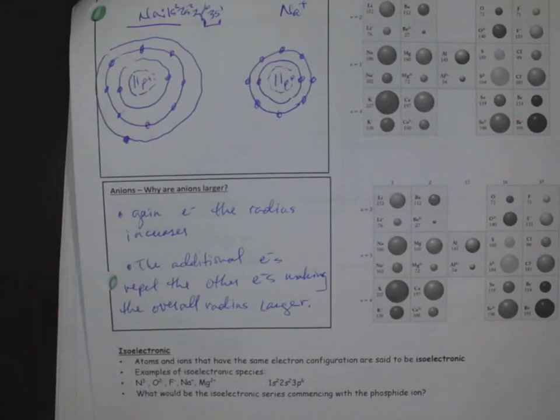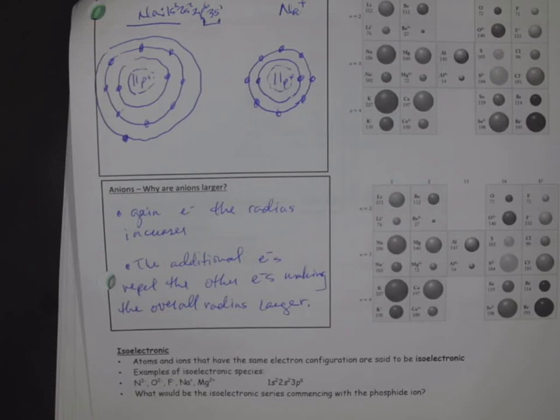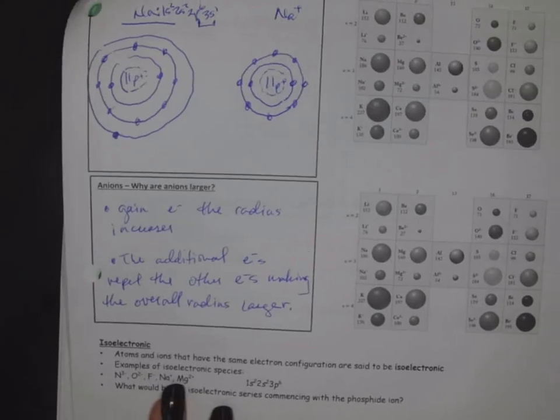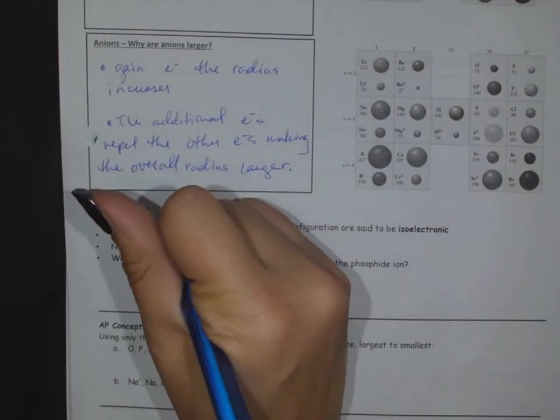So if we add more electrons in there, those additional electrons are also going to repel all the other electrons, pushing everything away from each other and causing the radius to increase. Okay, great. Reminder that the term isoelectronic just means same number of electrons.